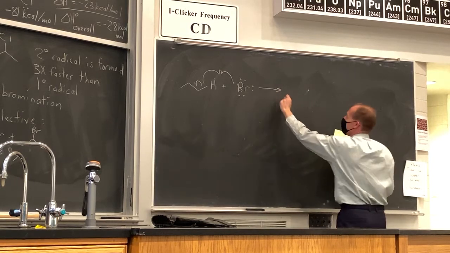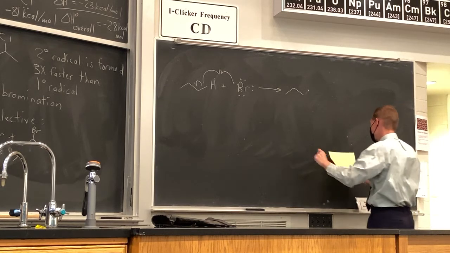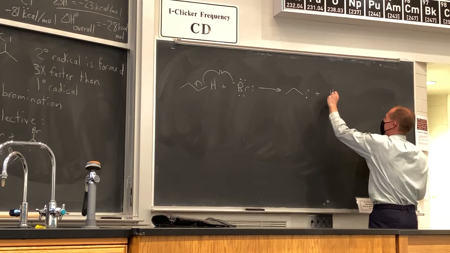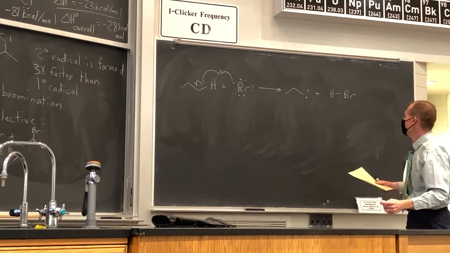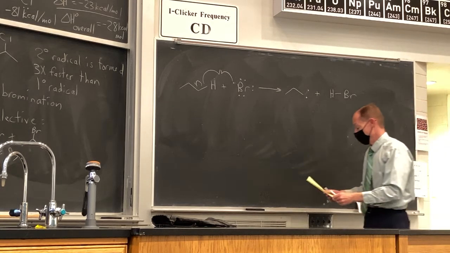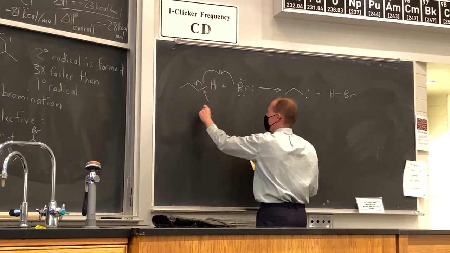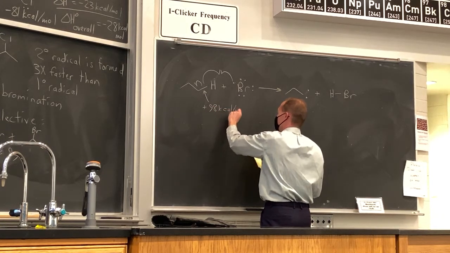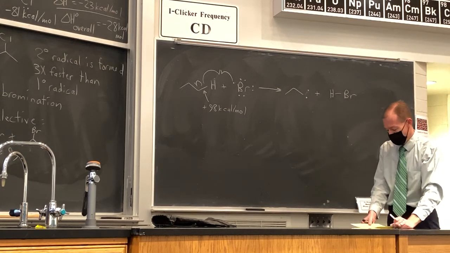That's the same as what we did before. But we're forming a hydrogen-bromine bond as opposed to a hydrogen-chlorine bond. So we know that this bond dissociation energy is 98 kcal per mole. We saw that with the chlorination.